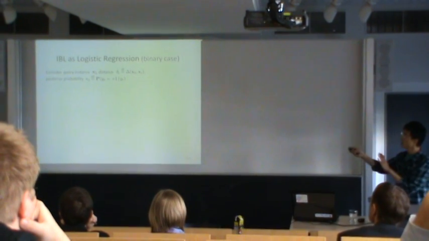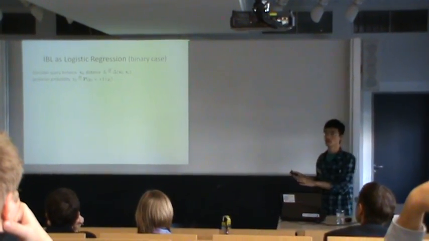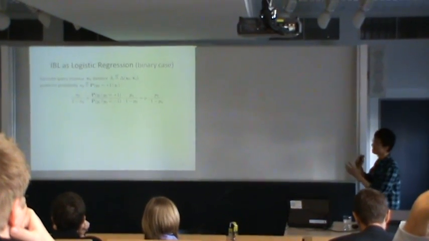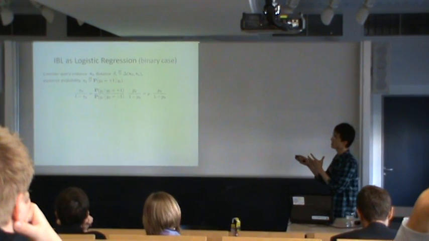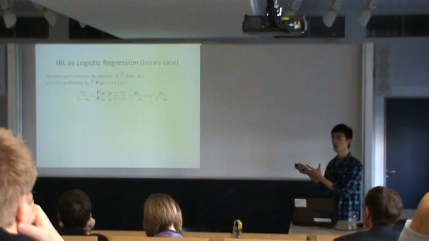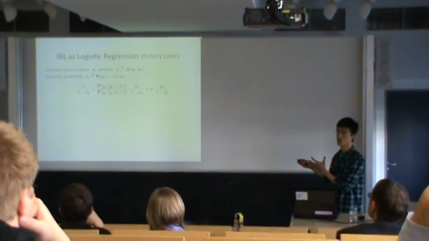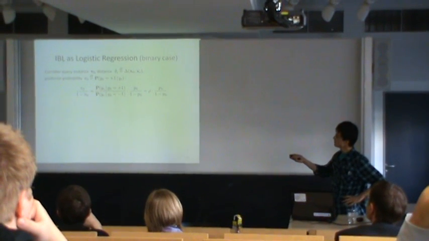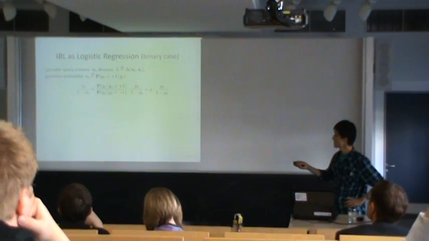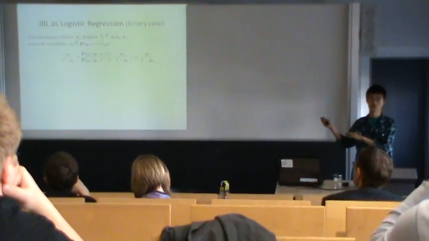For now, let's just consider the binary case, before we jump into the multilabel case. So we have these two things, and we look at this ratio and just apply Bayes' rule. We immediately end up with this formula. Here the first part is the likelihood ratio, and the second part is the prior. Bayes inference directly gives us this.